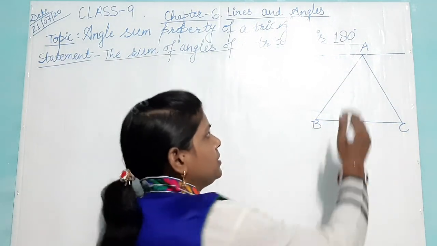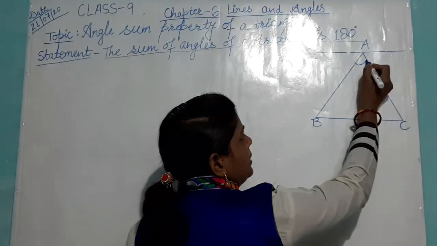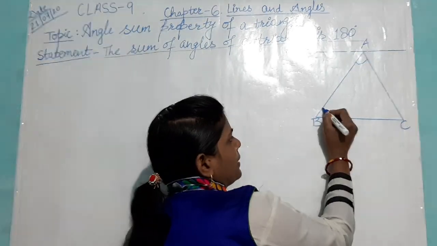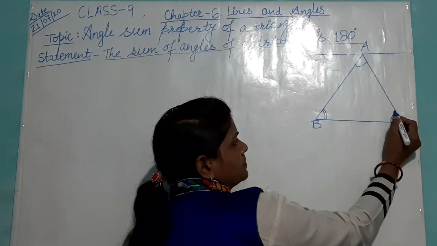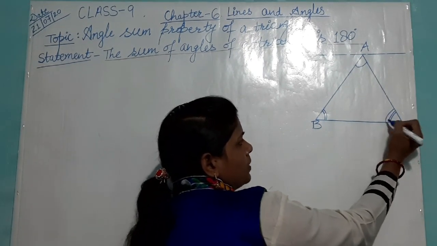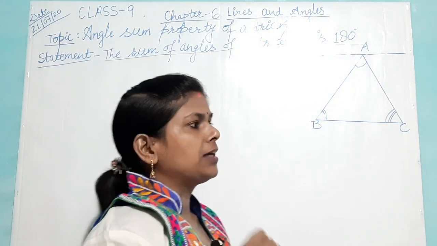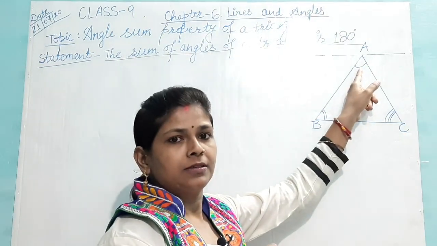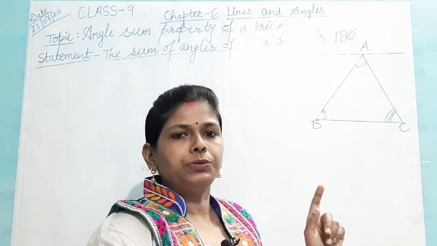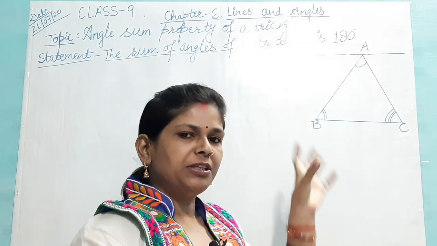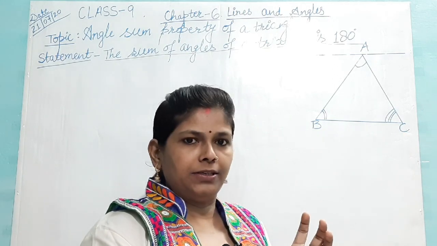In this triangle there are three angles, angle A, angle B and angle C. We have to prove that the sum of angle A plus angle B plus angle C is equal to 180 degrees. सभी तीनों एंगल का सम 180 डिग्री होगा.